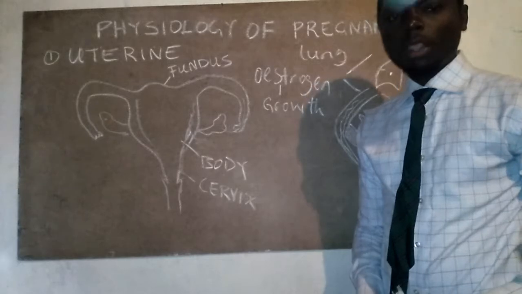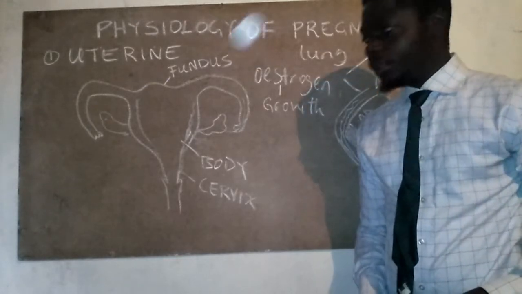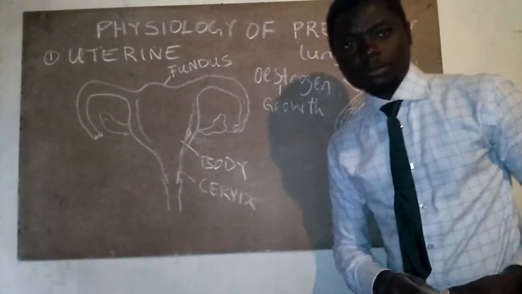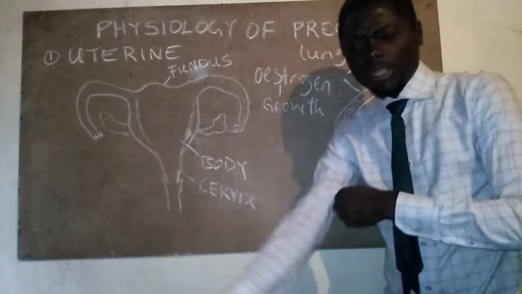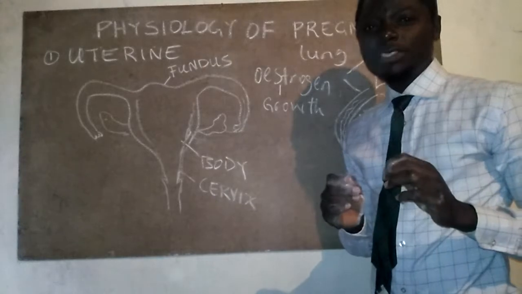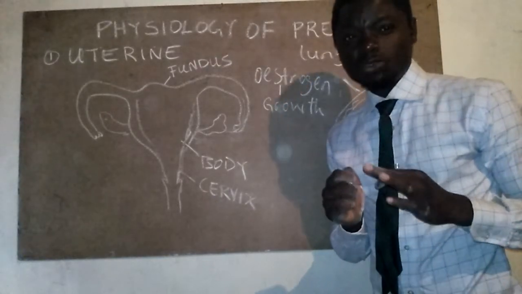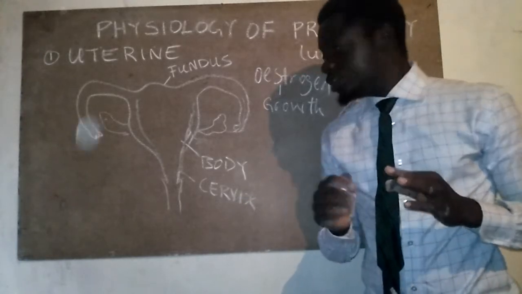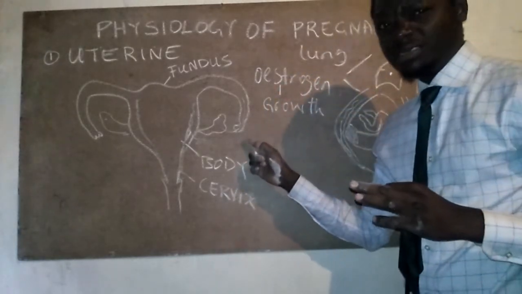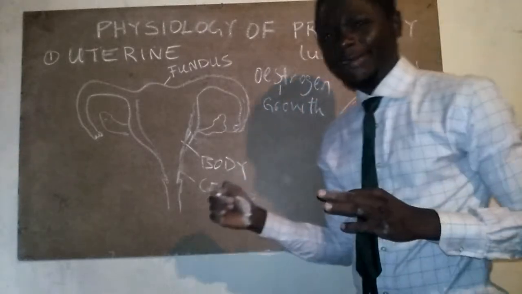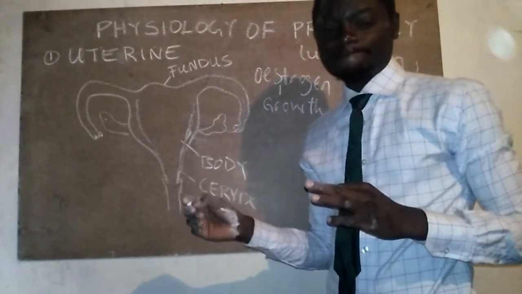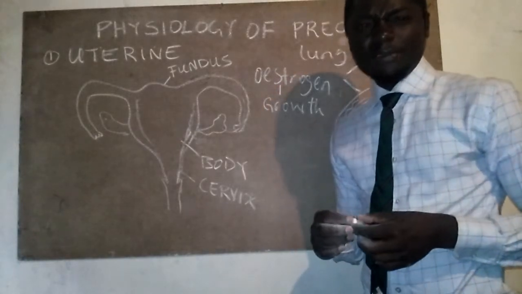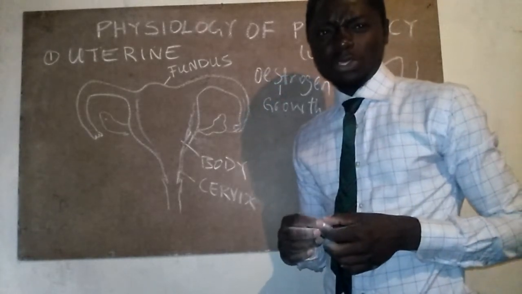So the reason why the uterus grows is because of the production of estrogen. So a large amount of estrogen is produced by the corpus luteum. Of course, the corpus luteum doesn't secrete as much estrogen as it does progesterone. So before the luteal phase, estrogen is going to be secreted in a high amount by the mature Graafian follicles.